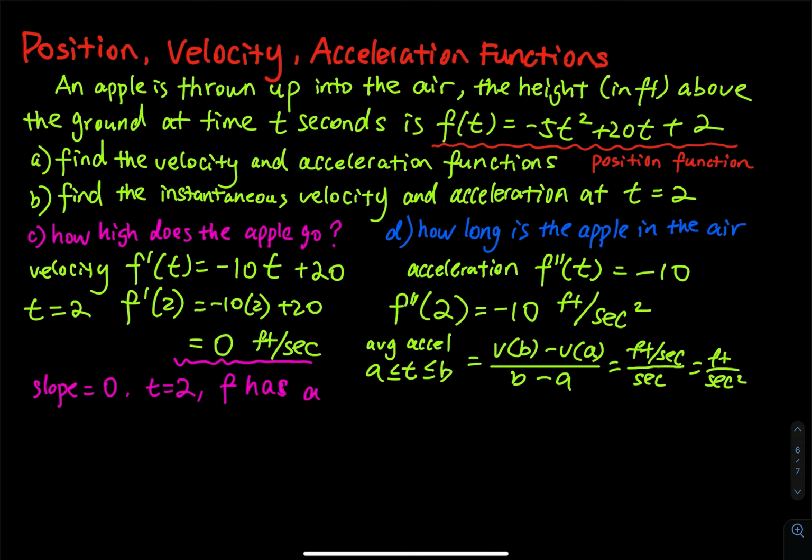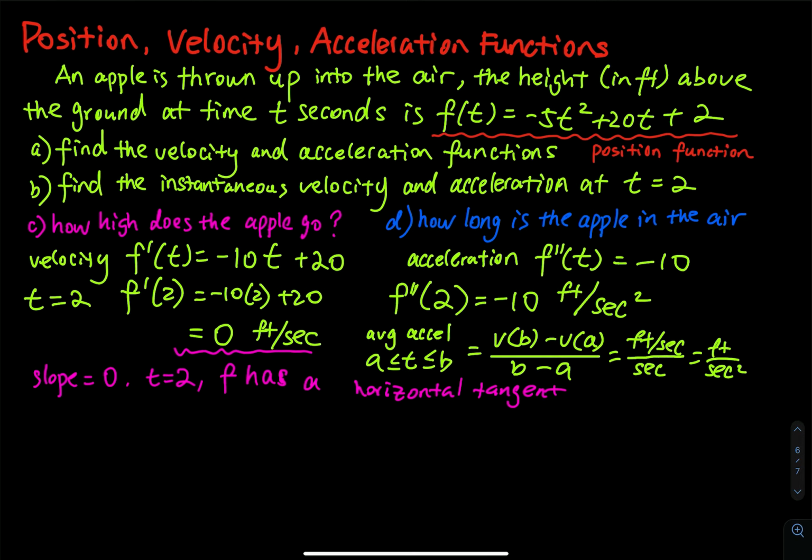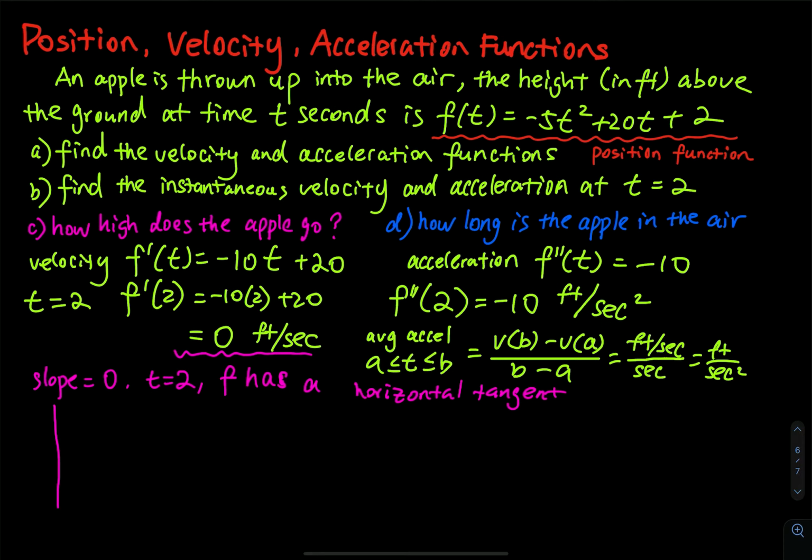What is a horizontal tangent? For a horizontal tangent, you have this. Let's say this is your y-axis, and this is your x-axis. This is t, and this is the height. When t is equal to 0, the apple is 2 feet above the ground.